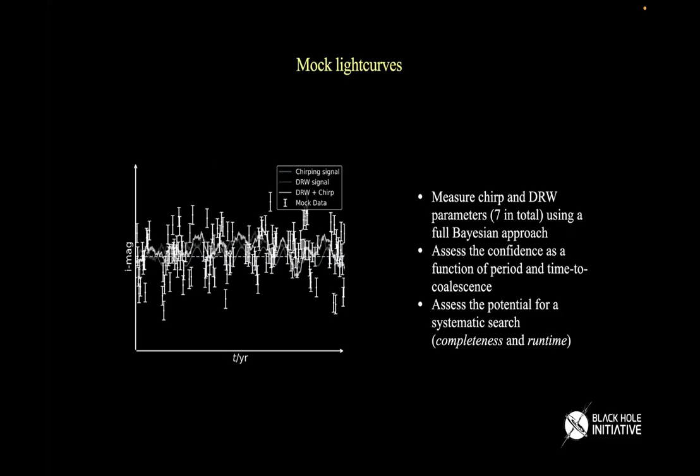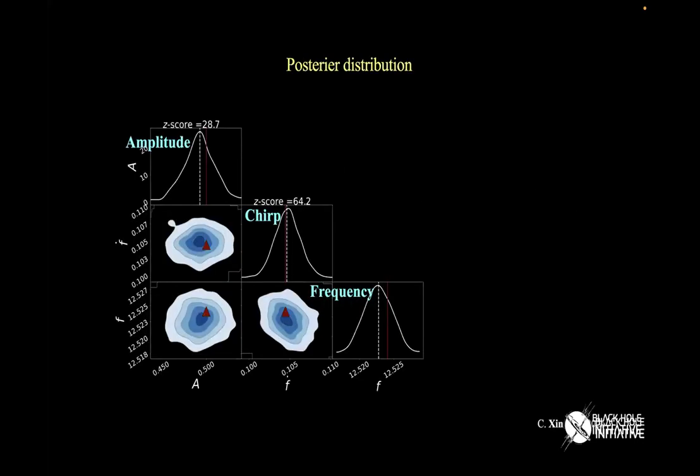I also want to assess the confidence with which I can recover all of these parameters. And then I want to vary a few parameters, like the signal to noise, the strength of the binary signal compared to the damped random walk, the period range, and the chirp range, to do a full completeness study. And then I'll comment on the runtime later on, since we're dealing with large data sets.